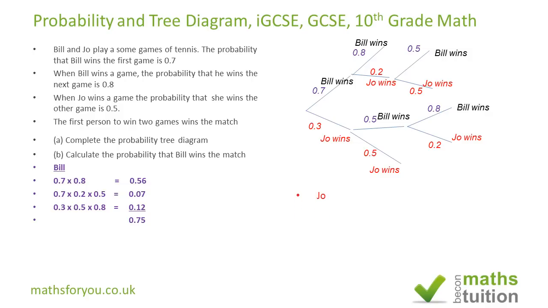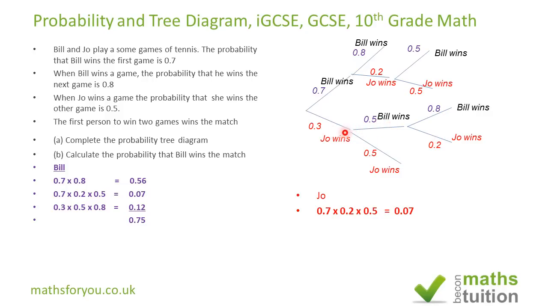Right, Joe's prospects. Now, Bill can win the first game, Joe the second game, and Joe the third game. That's 0.7 times 0.2 times 0.5, that's 0.07. Okay, or Joe can win the first game, Bill wins the second game, and Joe wins the third game.